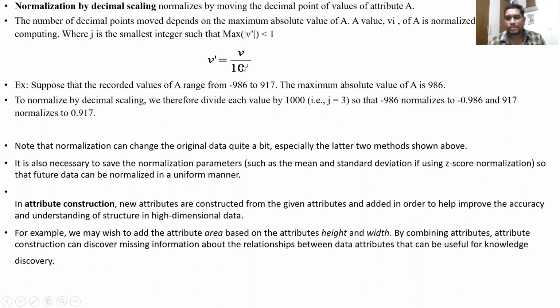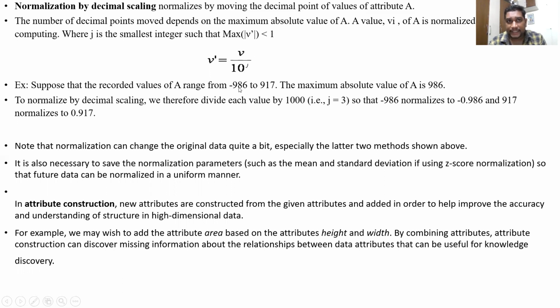So simple, this is so simple, calculating under a particular decimal value. Note that normalization can change the original data quite a bit, especially the latter two methods shown above. But these two are the important methods that change the original value, whereas decimal scaling is not changing the value.